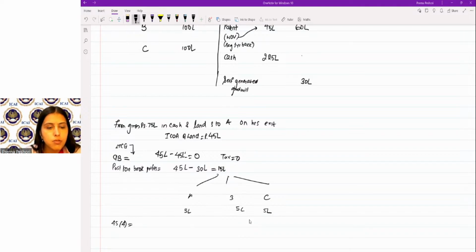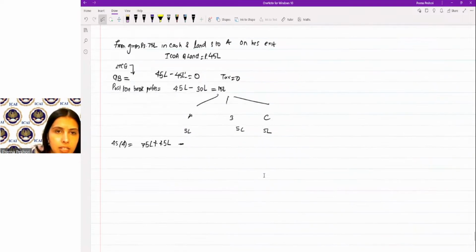Yes, Jacob, correct. It's 15 lakh. So I have received 75 lakh plus land of 45 lakh, minus 100 lakhs, plus 5 lakh.